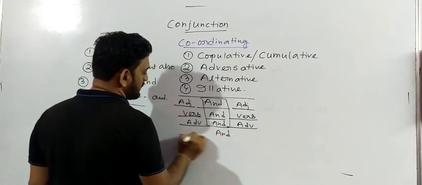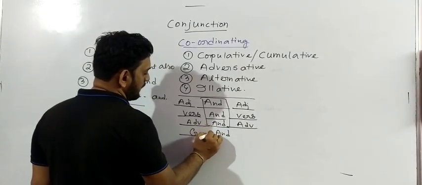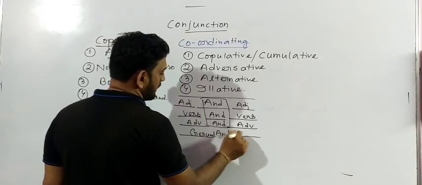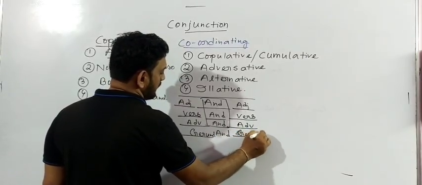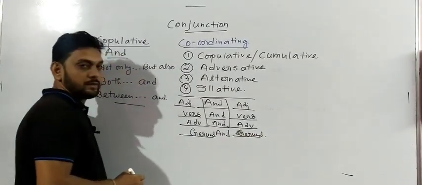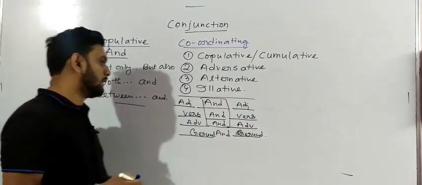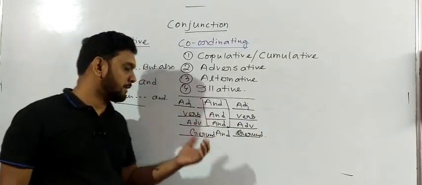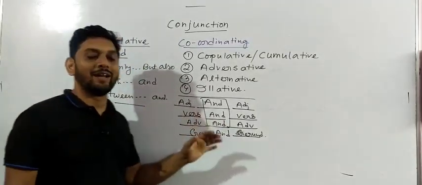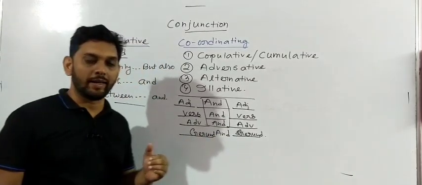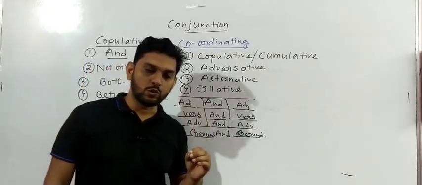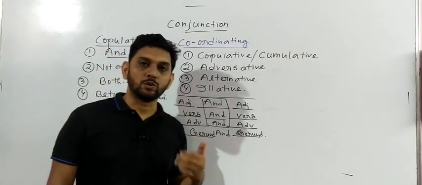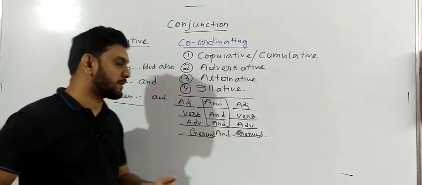Before and, if there is a gerund, after and also you have to use a gerund. So that's the very important part. What is the function of and? And always joins two or more words, phrases or clauses.